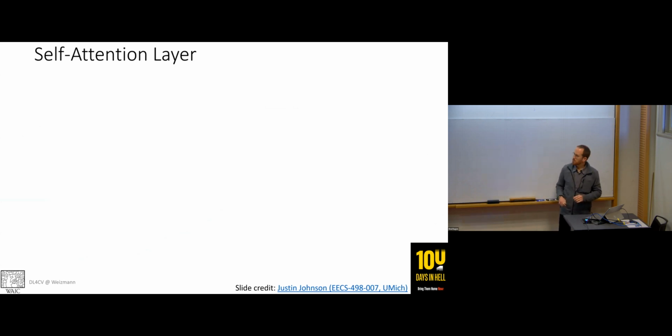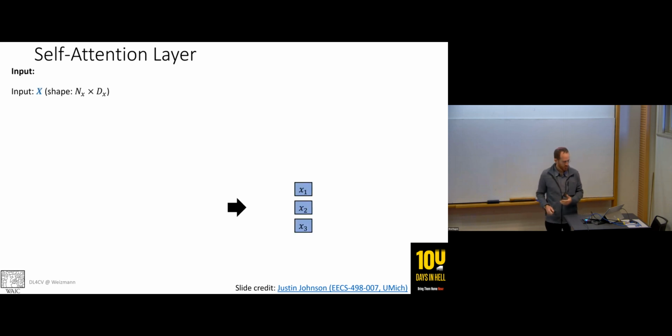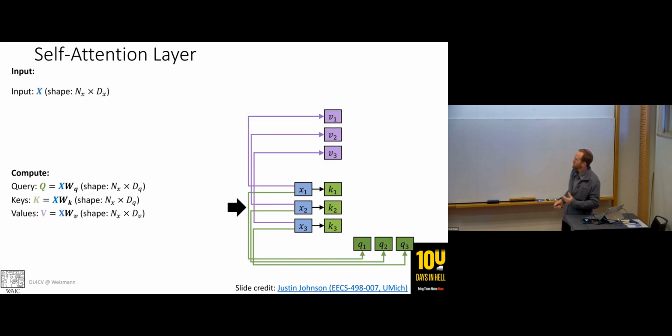So we talked about the self-attention layer, which was the building block in the transformer architecture. In self-attention, we have a single input, a sequence of tokens. And from this token sequence, we project it into queries, keys, and values.